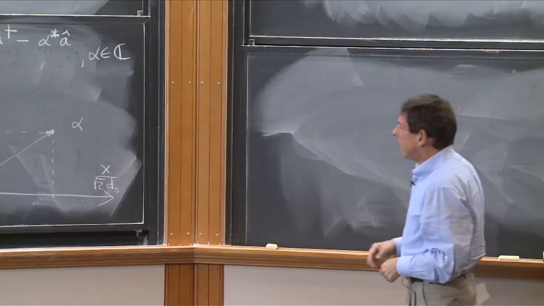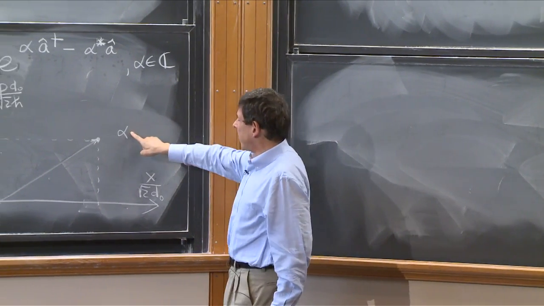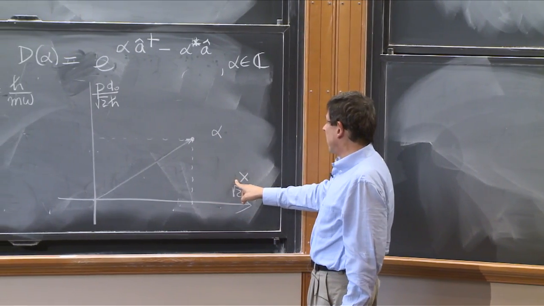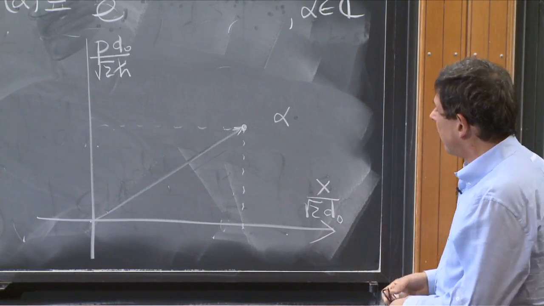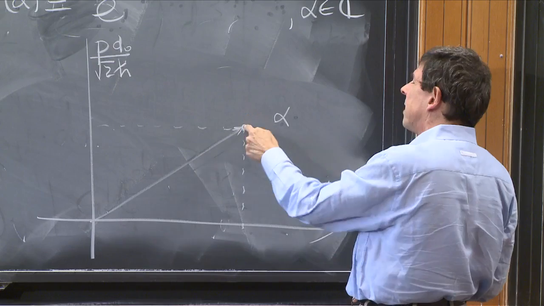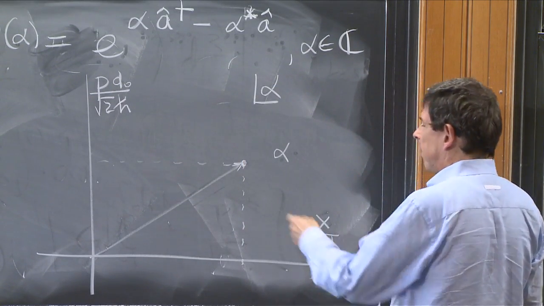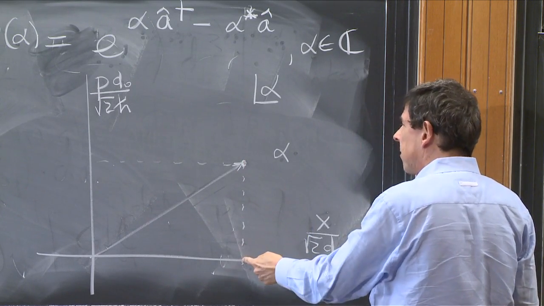So in fact, we realized that the real part of alpha in this axis was related to the expectation value of the position divided by square root of 2 d0. So if you produce a coherent state with this value of alpha in the complex alpha plane, well, you go down, and that's the expectation value of the position.